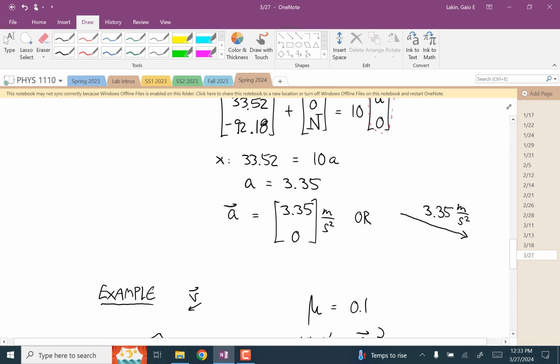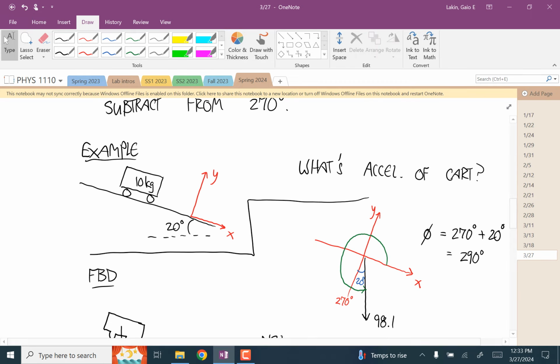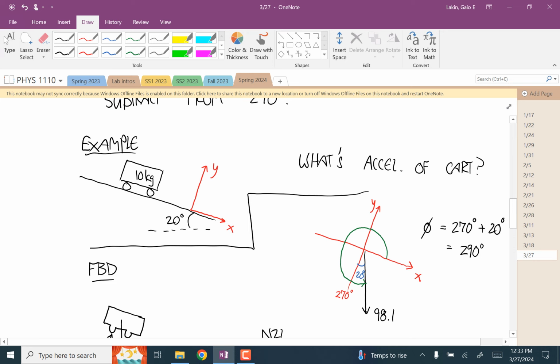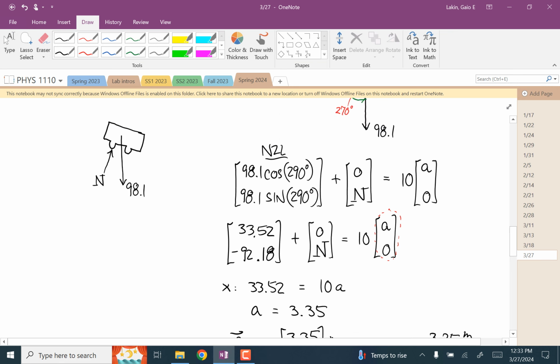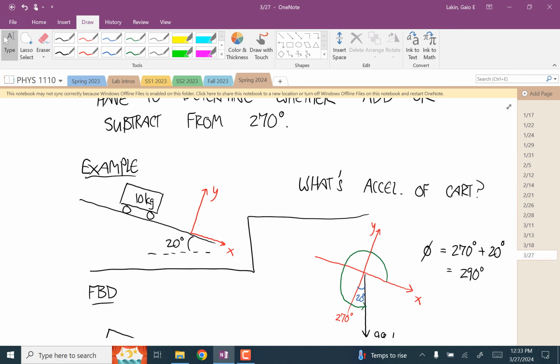I didn't ask you when we did this first example on the wheels whether it was speeding up or slowing down. Can we tell whether this thing is speeding up or slowing down? We got an acceleration that was down the ramp. The answer is we can't, because I didn't give the direction of the velocity. And I didn't give the direction of the velocity because it didn't matter for any of our calculations.